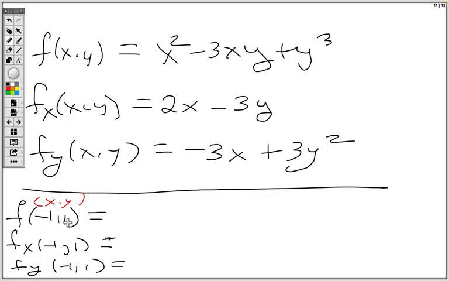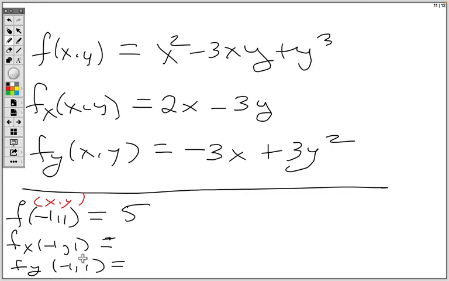So what's the f of negative 1, 1? So negative 1 squared is positive 1. Negative 1 times 1 is negative 1 times negative 3 is positive 3 plus 1 cubed, 5.